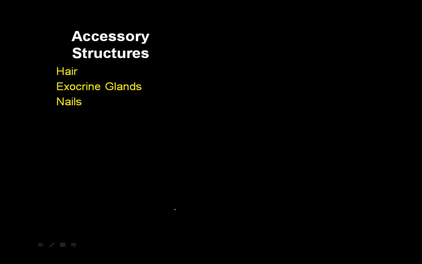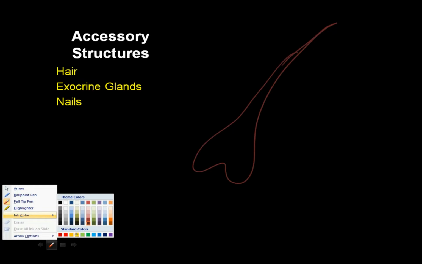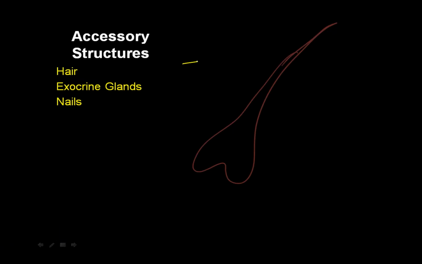So the first thing is the actual hair itself. So let's make a quick sketch here. Okay, and this is part of the hair follicle. Some of it's hair, but let me kind of change up our color a little bit here. Okay, that is our stratum corneum.